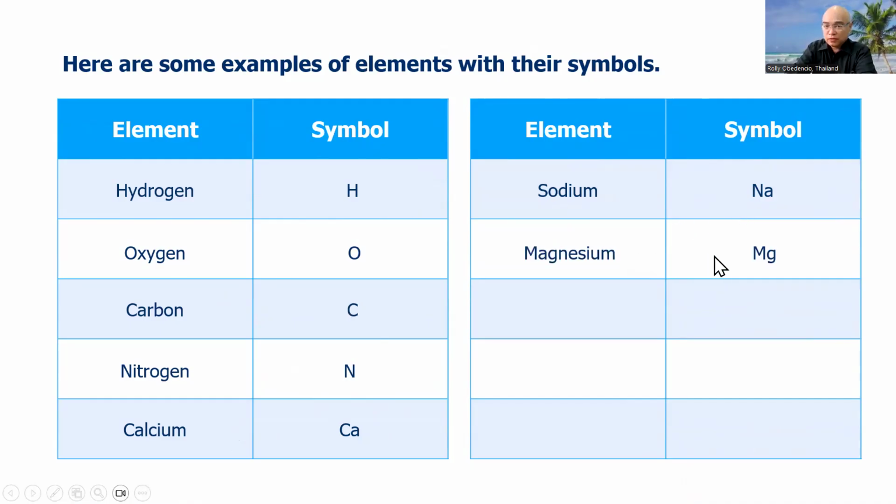Magnesium, capital M, small letter g. Aluminum or aluminium, capital A and small letter l. Boron, capital B. Silicon, capital S and small letter i.